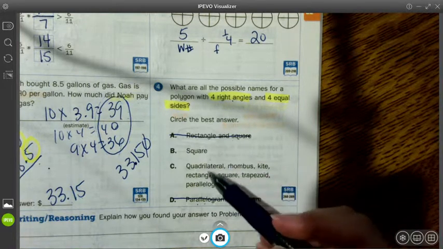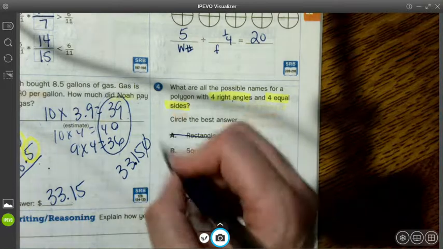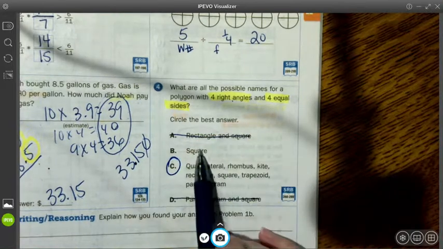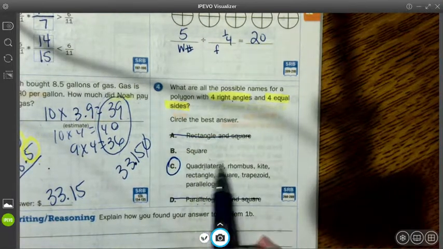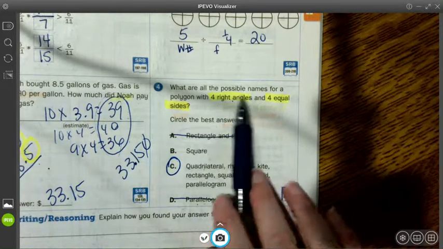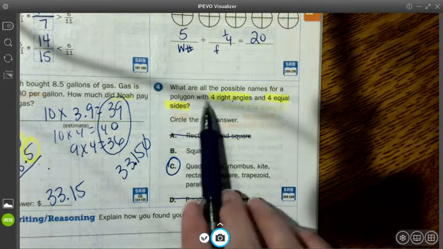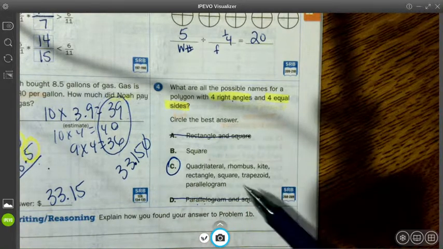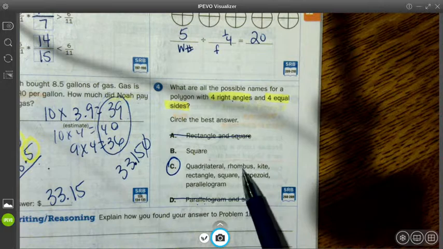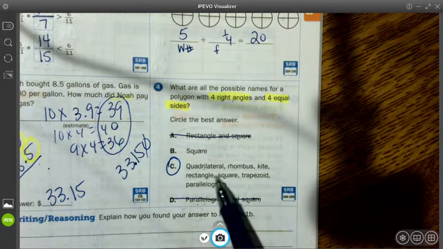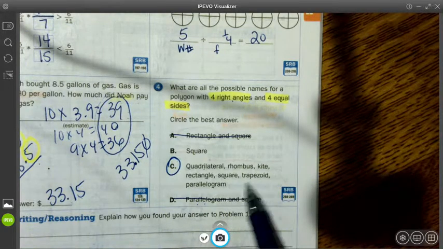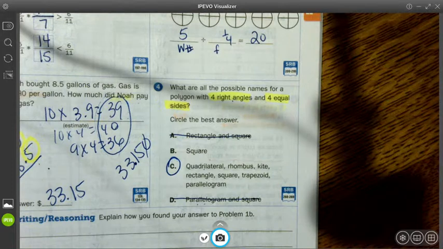The best choice, though, is going to be letter C, because B, although it's true, C includes many more polygons that have these qualifications, or these attributes as we like to call them. So quadrilateral, rhombus, kite, rectangle, square, trapezoid, and parallelogram all have those 4 right angles and 4 equal sides.